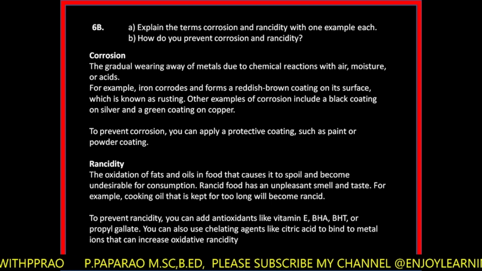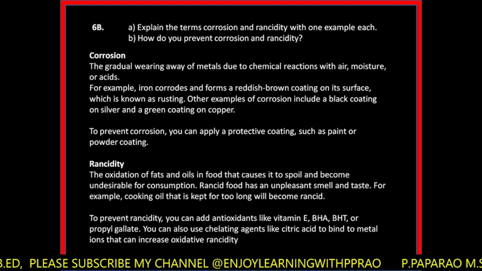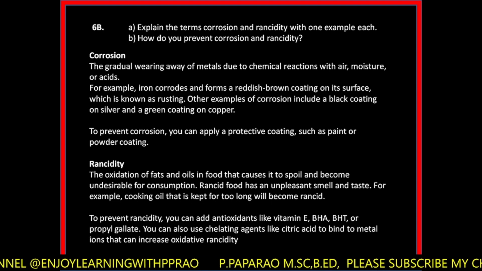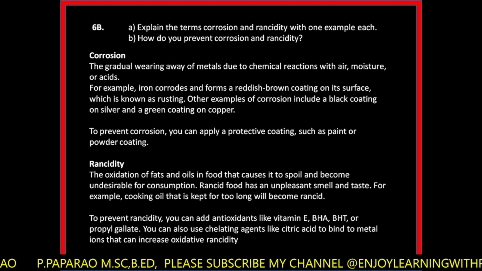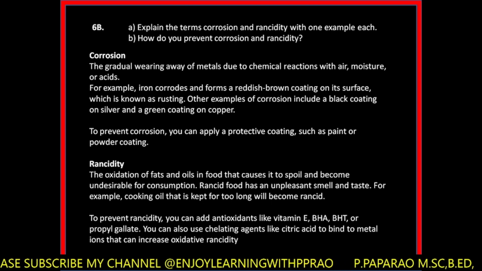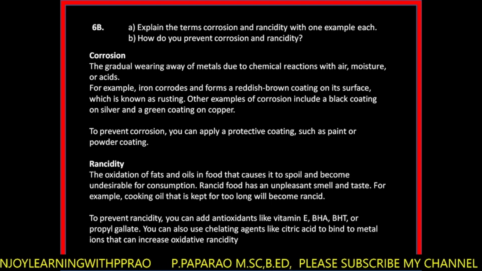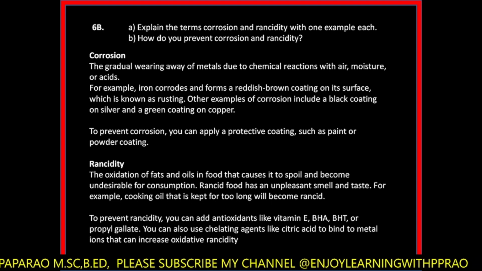Corrosion: the gradual wearing away of metals due to chemical reactions with air, moisture, or acids. For example, iron corrodes and forms a reddish brown coating on its surface, which is known as rusting.